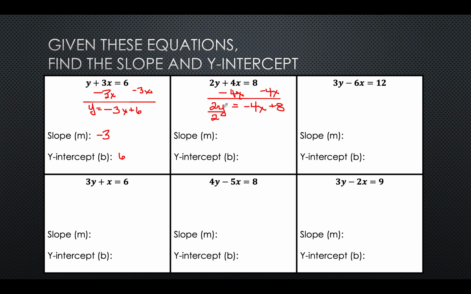The coefficient is the number in front of the y. So we're going to divide this by 2, and we're going to divide this by 2. That leaves us with y equals, well, -4 divided by 2 is -2x, and 8 divided by 2 is 4. That means our slope is -2, and our y-intercept is 4.